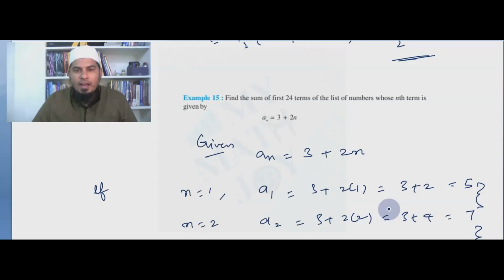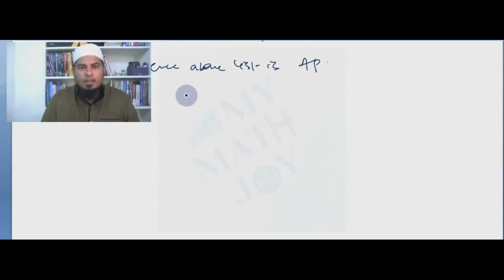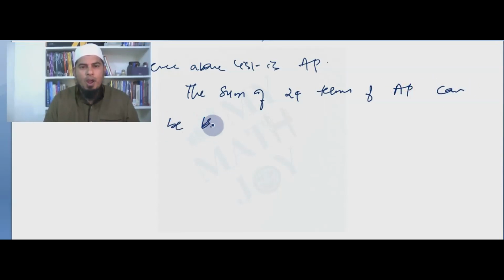Okay. Now he wants the sum of first 24 terms. So the sum of 24 terms of AP can be found by the formula, please read with me.